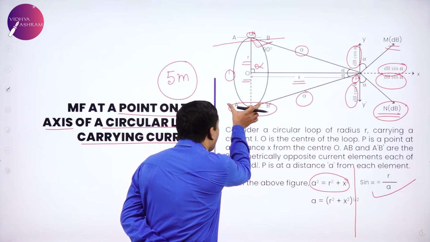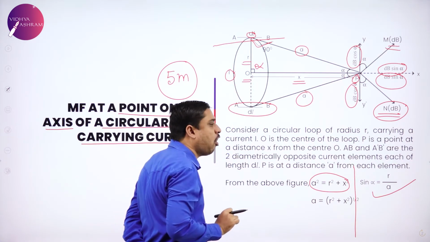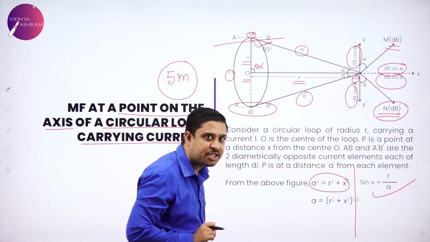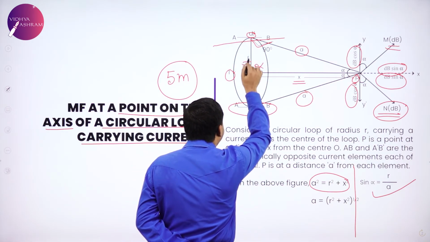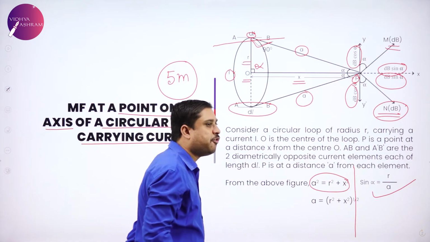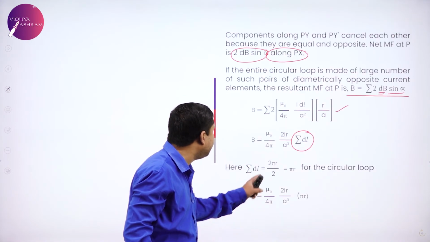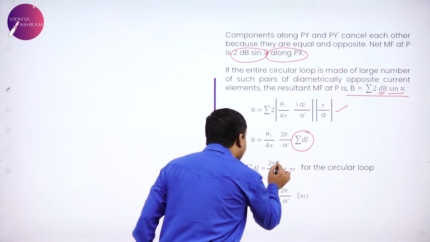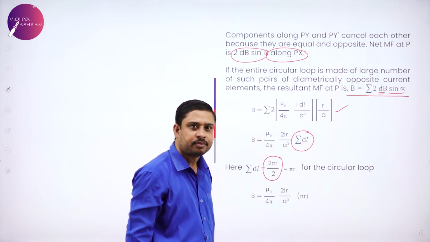you have one element in the lower part of the coil, A dash B dash, and the other element AB in the upper half of the coil. So what should be summation DL? It has to be 2 pi r by 2.